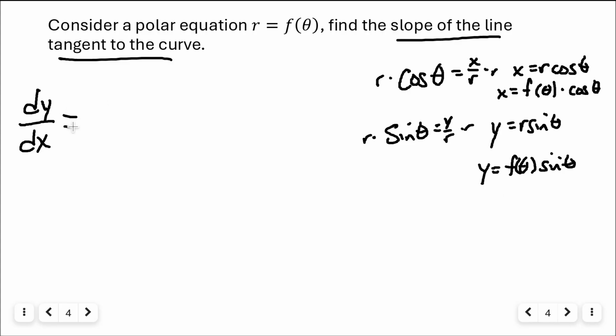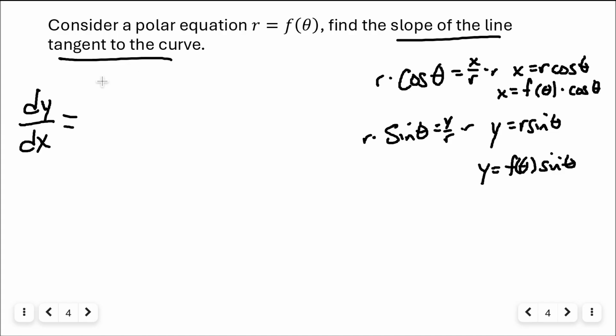Well, I'm trying to find dy dx, but now I have x in terms of theta and y in terms of theta. So what I could do is I could do like I did on the previous slide and find dx d theta. I could derive this with respect to theta. And then I could derive y with respect to theta. And then I'd have dy d theta and dx d theta.